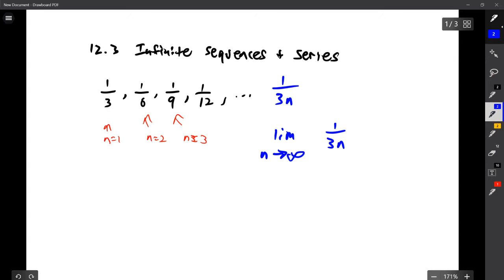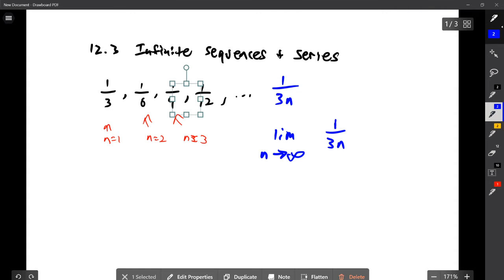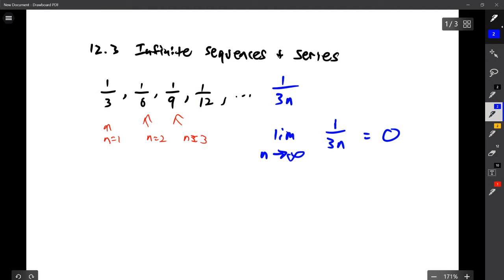In other words, as n gets infinitely large, what is that term evaluating to, or at least getting closer and closer to? With this one, because we have 1 over 3 times an infinitely large number, the limit would be 0. As we go out infinitely far, we get closer and closer to 0.